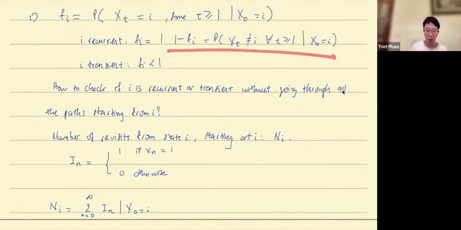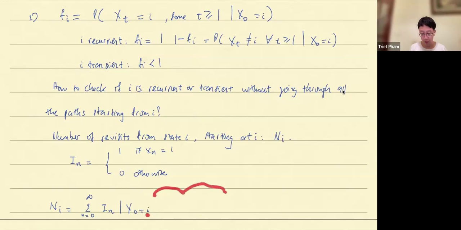Each time you return, you will return with probability f sub i, or you will escape with probability 1 minus f sub i. So starting at i, if you ever have a chance to escape, intuitively you will after so many trials.